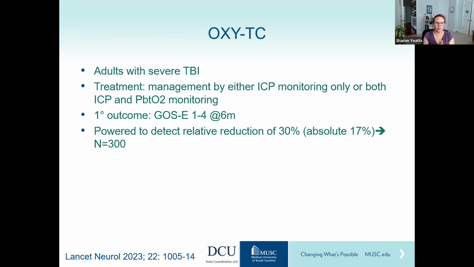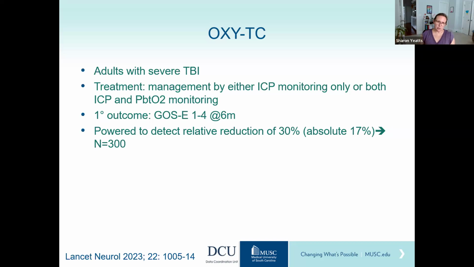So I'll give you another example. This one I came across more recently, associated with another study that we're involved with. Oxy-TC was published in Lancet Neurology in 2023. It's looking at adult participants with severe TBI and randomizing them to management by either ICP monitoring alone or a combination of ICP and PbtO2.